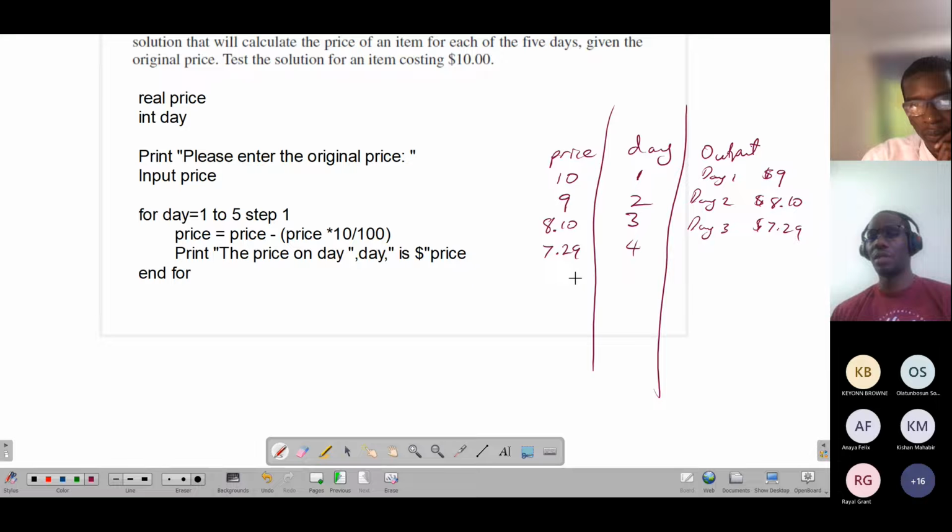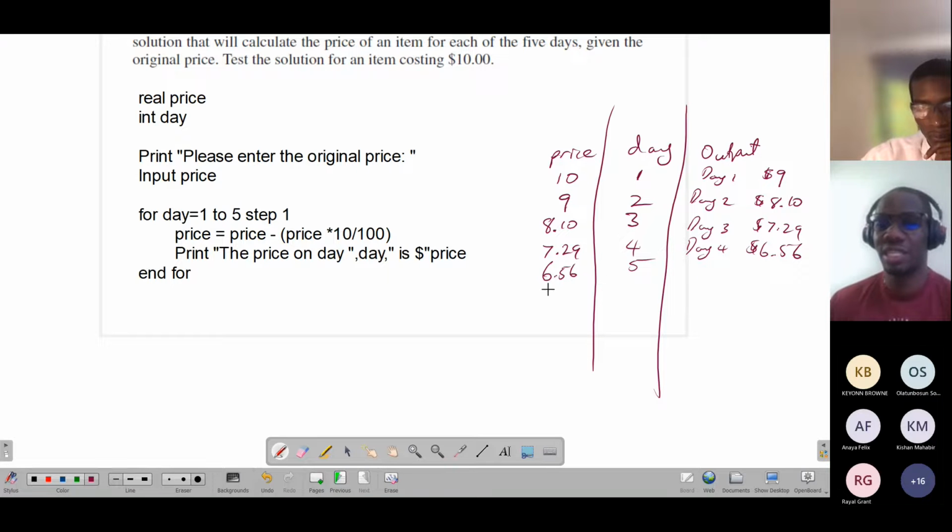And then we go up to day 4. And 10% of $7.29 taken away from $7.29 is $6.56. So we say day 4 is $6.56. And then we have day 5.